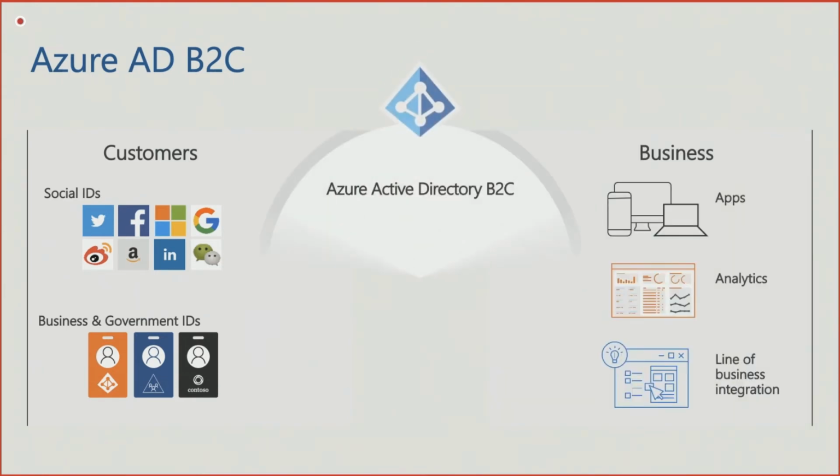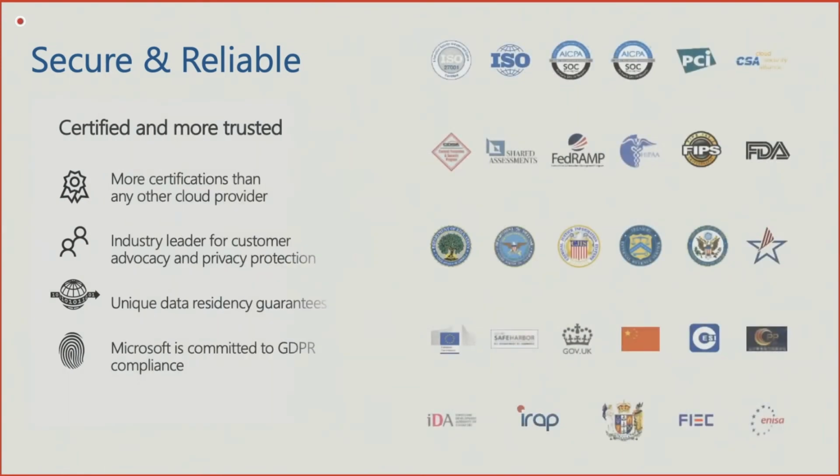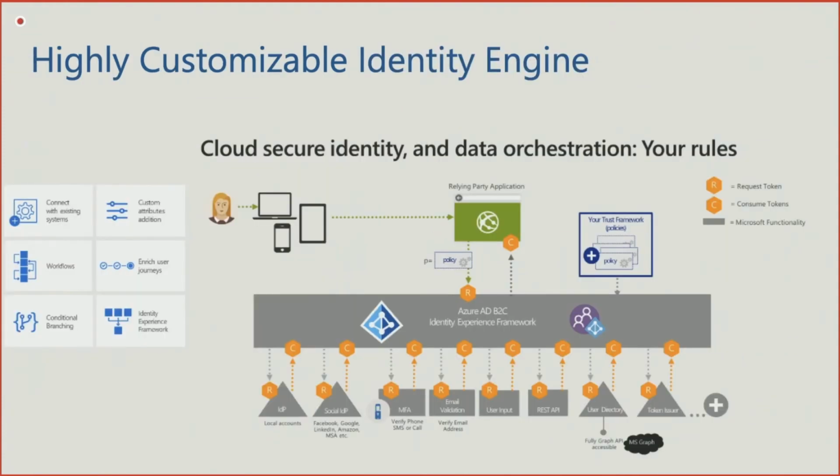B2C sits in the middle, and that is how you securely authenticate your users to all your different applications. It's a rock solid and secure service, has more certifications than any other cloud provider. It's GDPR compliant and really probably the best identity store that you can use, coming from somebody who's used many of them.